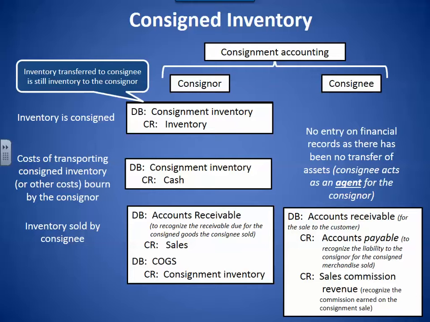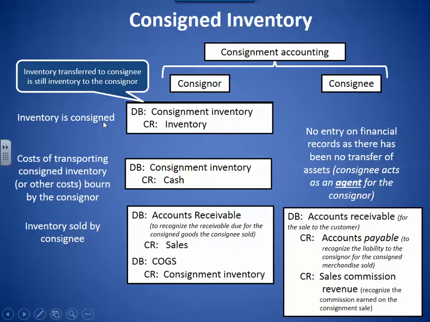So we're going to look at both sides of accounting for consigned inventory. We'll start off with the consignor, and the inventory is then transferred to the consignee. We have to remember that the title is still held by the consignor.